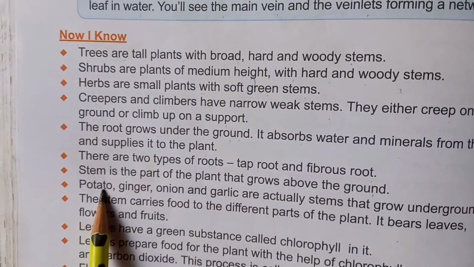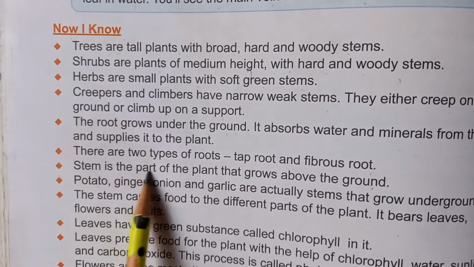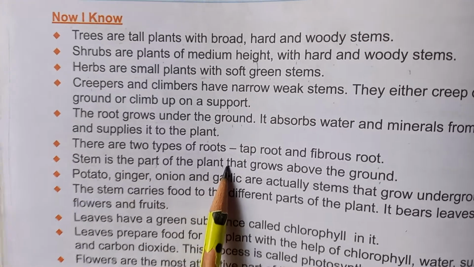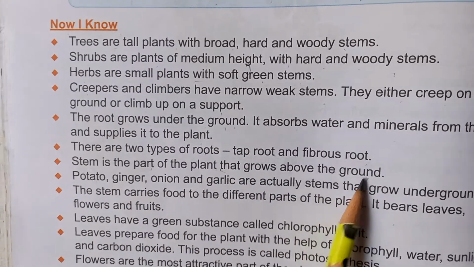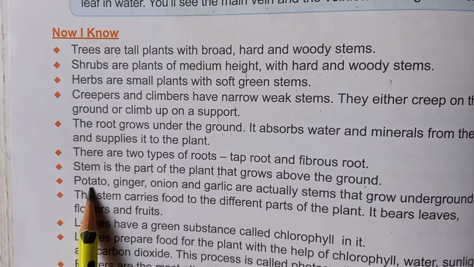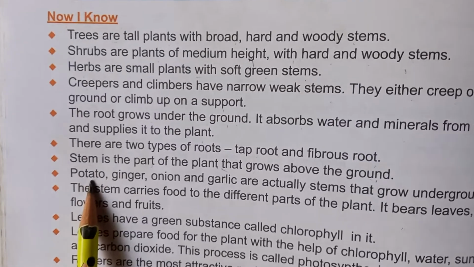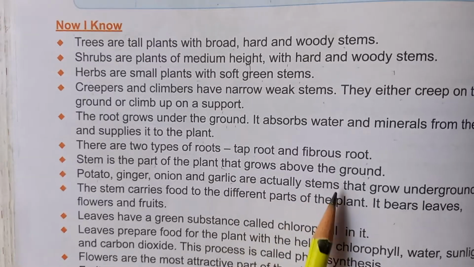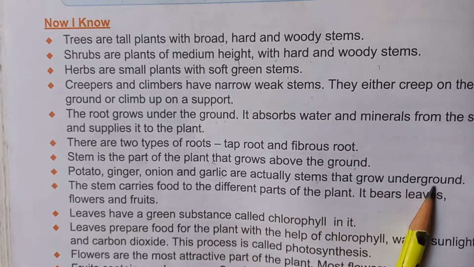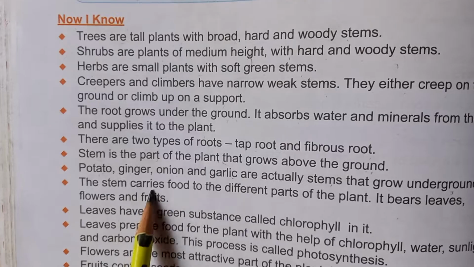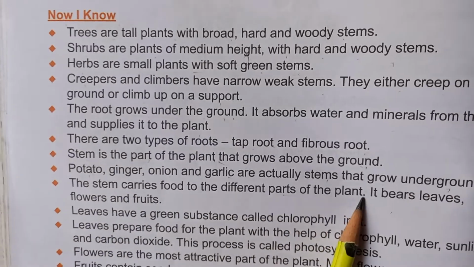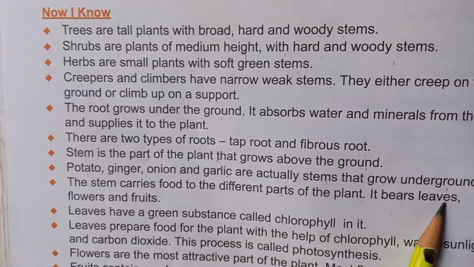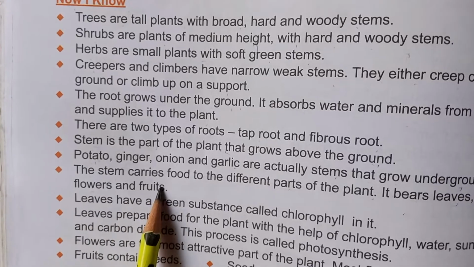But some underground stems are there. Potato, ginger, onion and garlic are actually stems. They grow underground. The stem carries food to the different parts of the plant. It bears leaves, flowers and fruits.